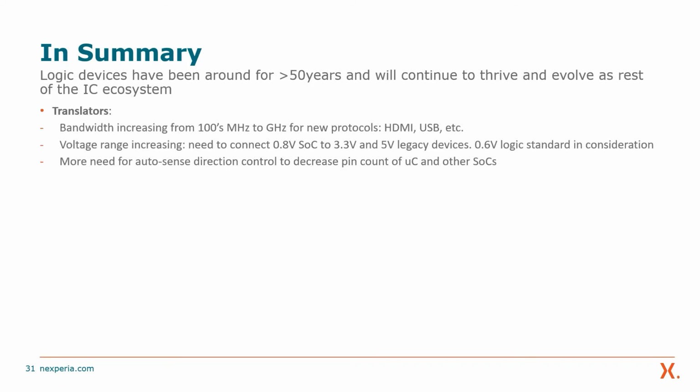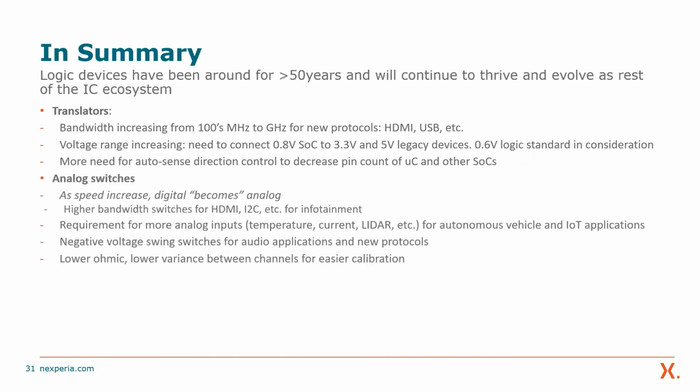Going forward, translators will need higher speed, higher frequency support, and a wider voltage range, as we are seeing with lower voltage nodes of microcontrollers, microprocessors and digital devices. There is even talk about 0.6 volt logic being considered, and also a need for AutoSense automatic direction control because fewer pins are available for translating.